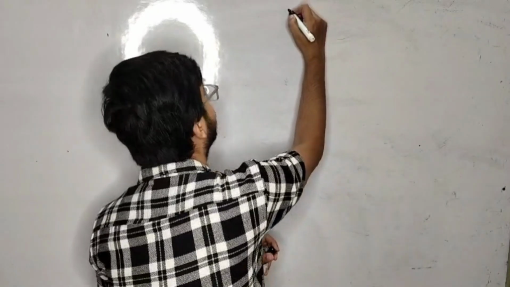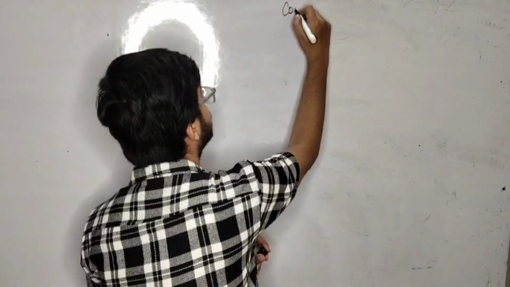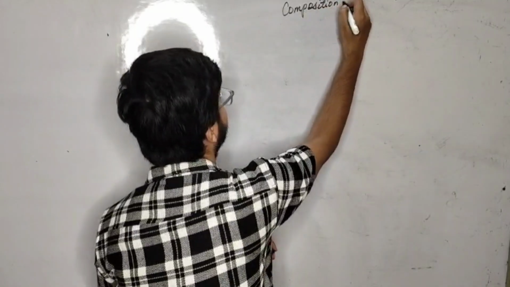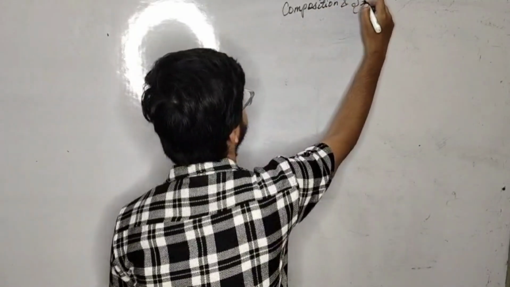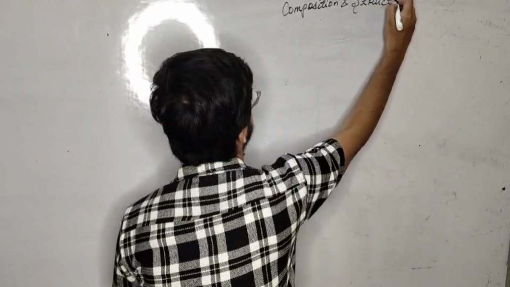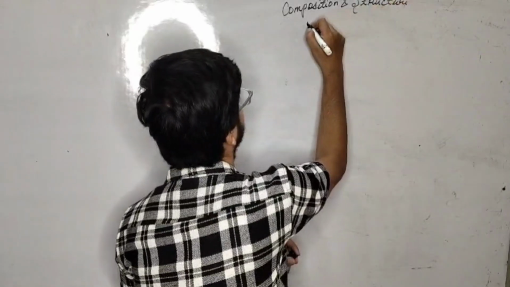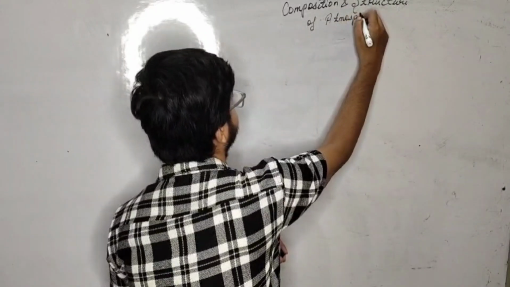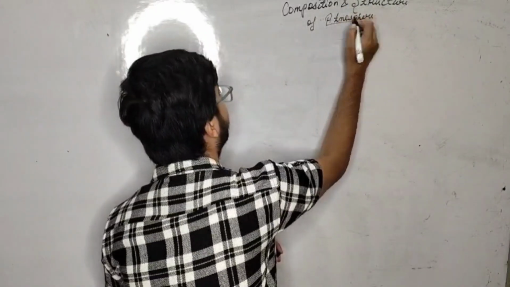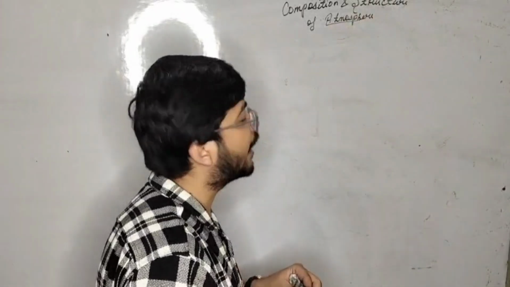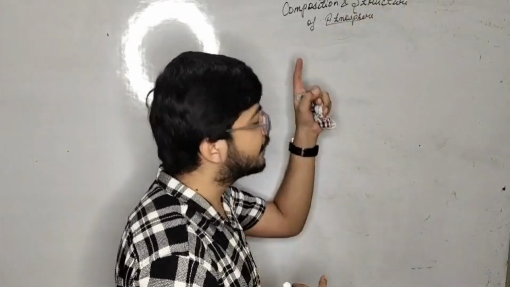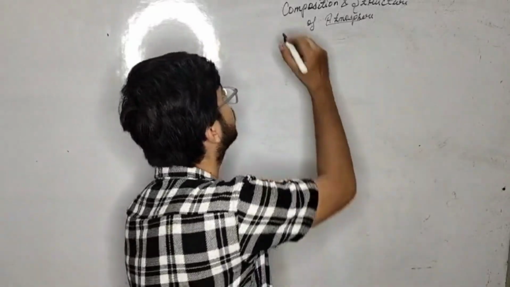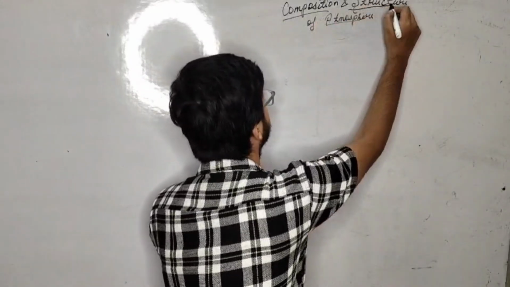Now, in this chapter, we are going to talk about the composition and structure of atmosphere. We will study its meaning, its different composition and its structure.